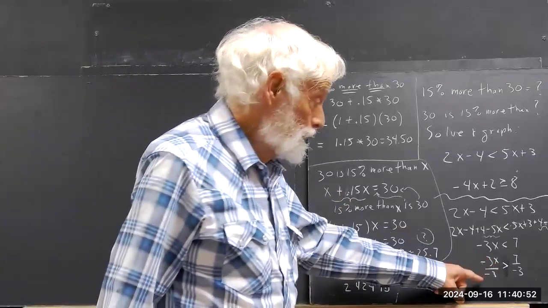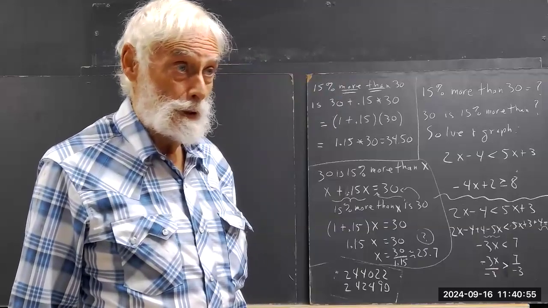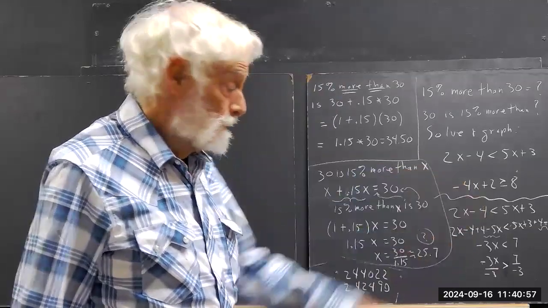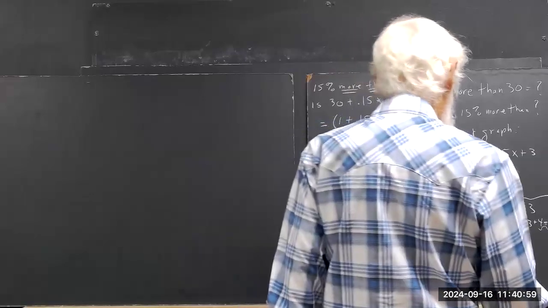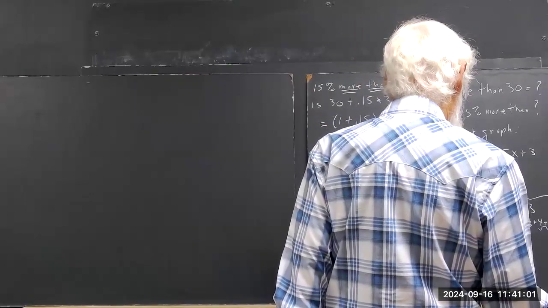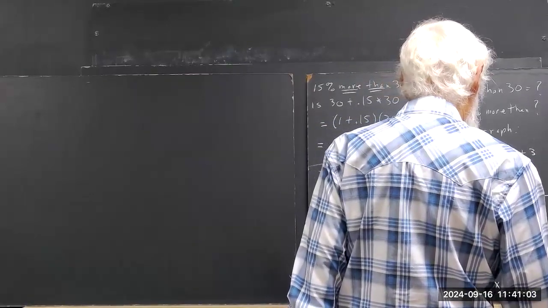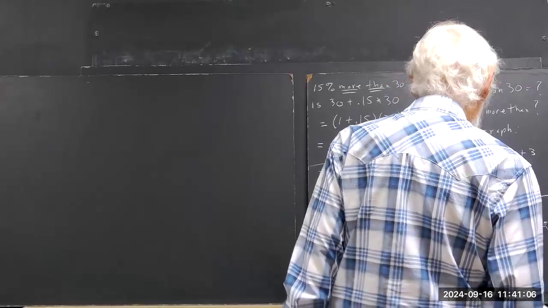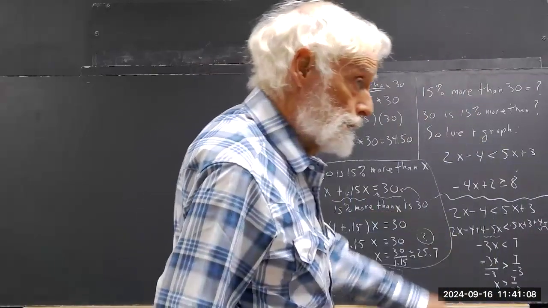Don't make the mistake of multiplying or dividing by a negative quantity and failing to reverse the inequality. So we get x is greater than 7 over -3. Now, how do we graph this?